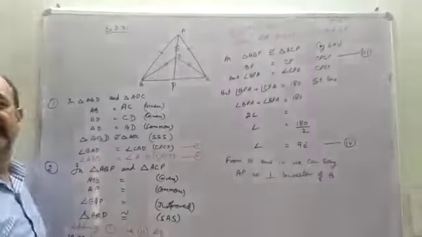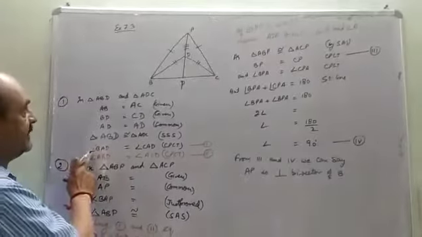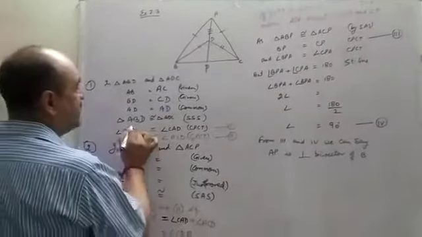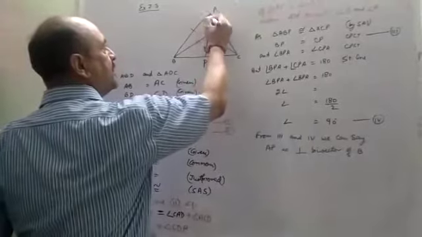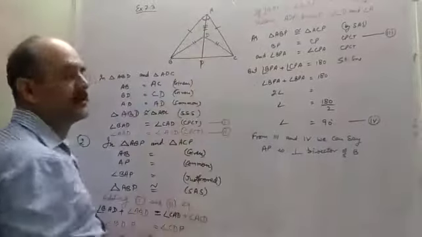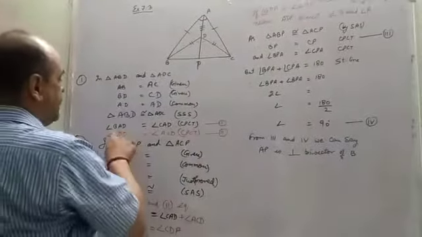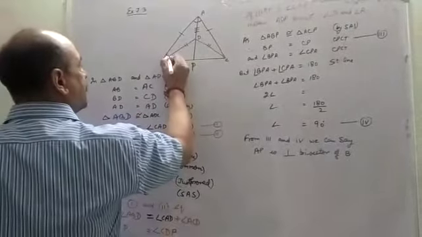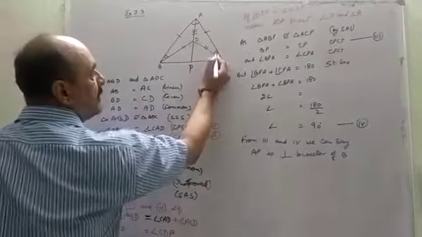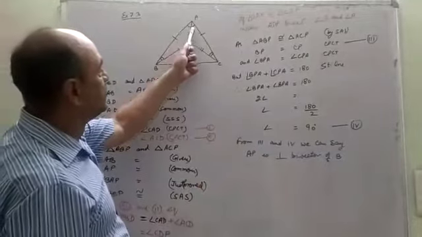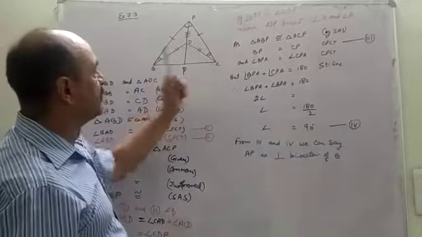What is the benefit? I can take it out. I can say this triangle BAD, blue one, is equal to blue one, and ABD, this black one, is equal to black one. I repeat, blue one is equal to blue one, black one is equal to black one.